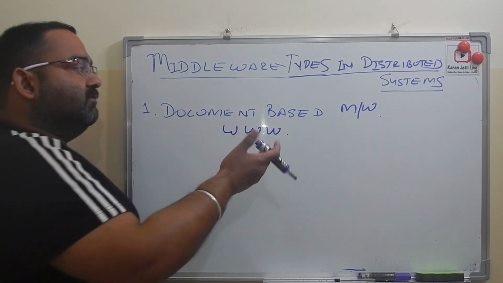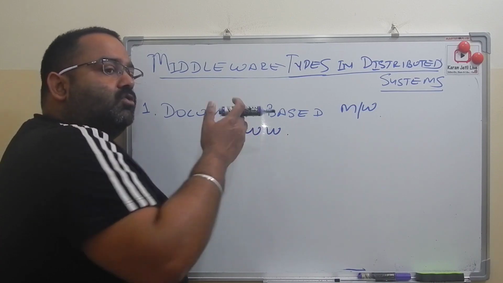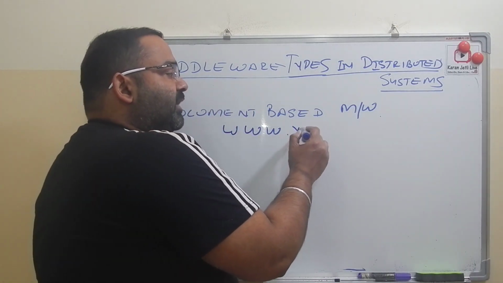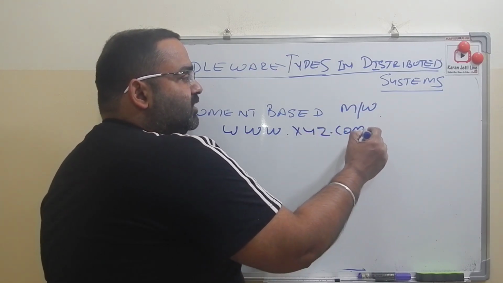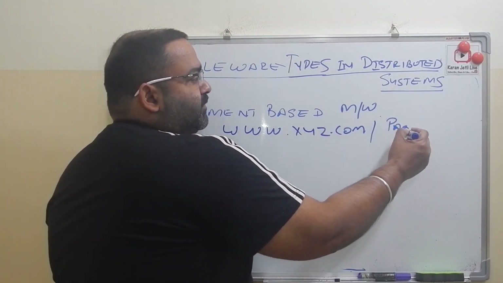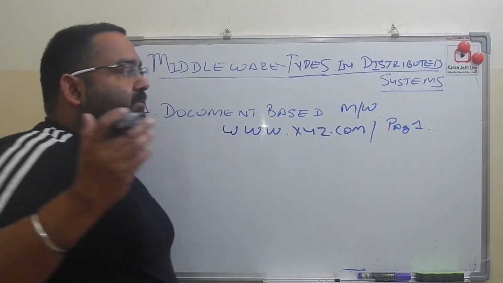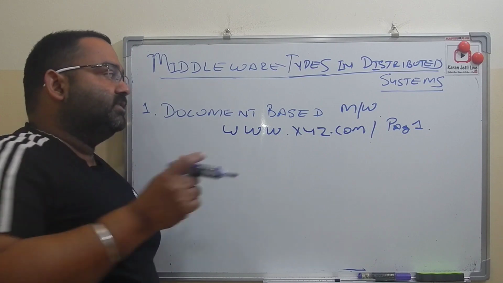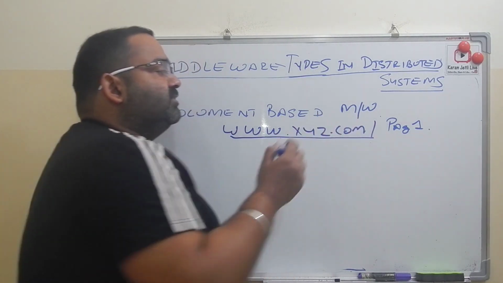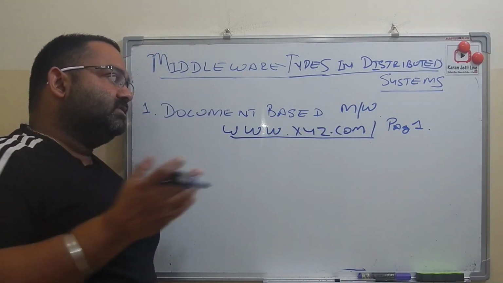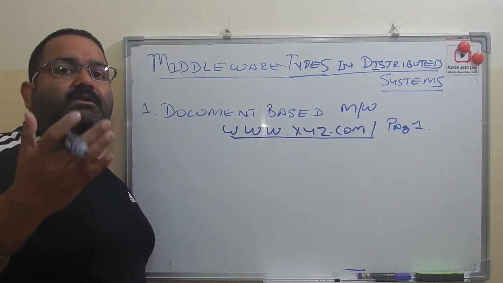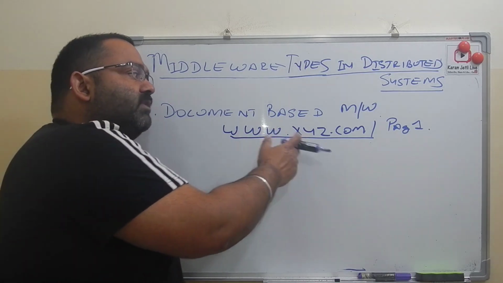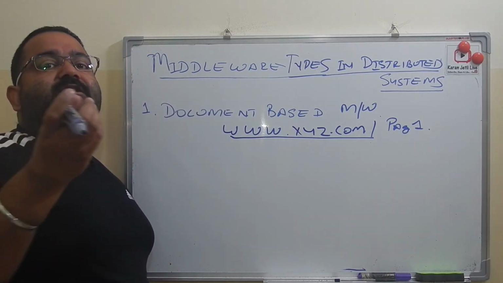For example, how do we make a request for some web page? So you go to www.xyz.com/page1. So what happens? We type our request in the web browser. The web browser takes us to the xyz.com computer, but before that it goes to our internet service provider or a domain name system, where this website is mapped to its IP address.